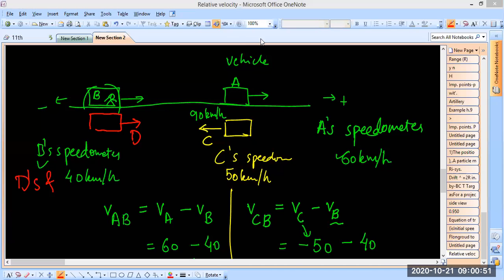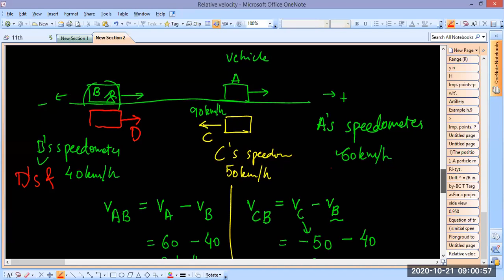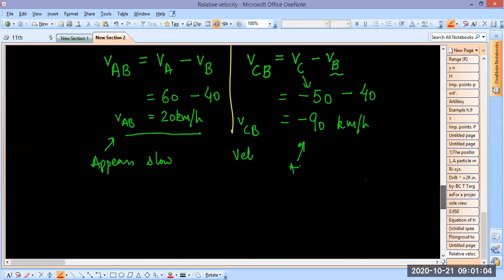Very good, Falak, you have understood that. And D is also going with you. Then what do you think will happen? If you are watching from B, you're watching D from B, what do you think this will be? Come on, can you find it quickly? Hurry up.